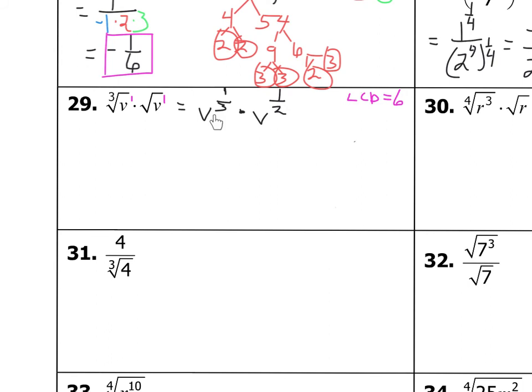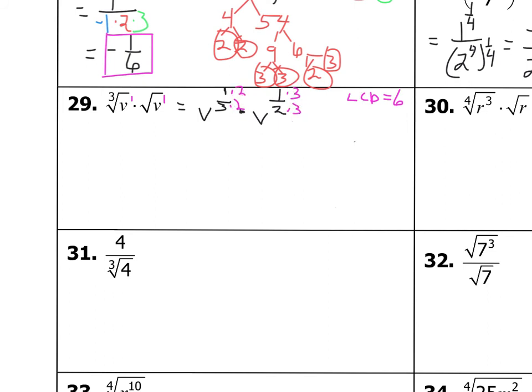So I have to multiply 3 by 2 to make it into a 6. So if I multiply the denominator by 2, I have to multiply the numerator by 2. Same thing for this one. I have to multiply 2 by 3 for it to become 6. So if I multiply the denominator by 3 and the numerator by 3, I'm multiplying both of these by a form of 1.